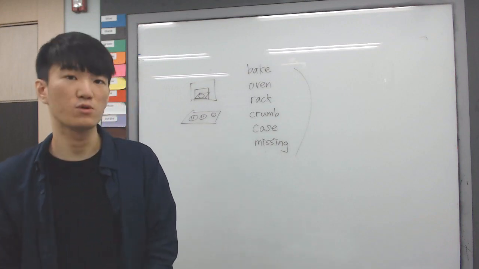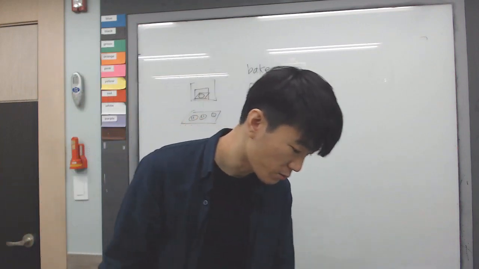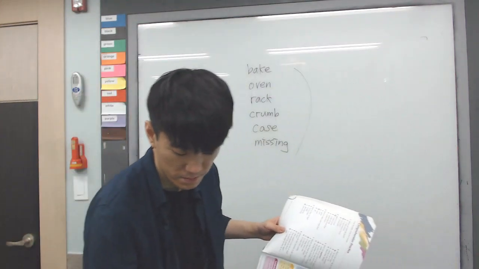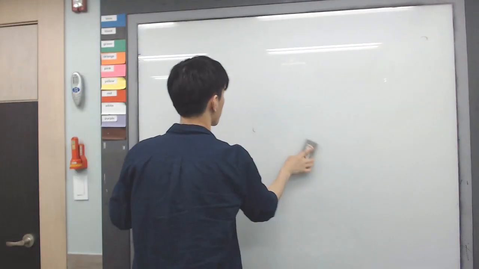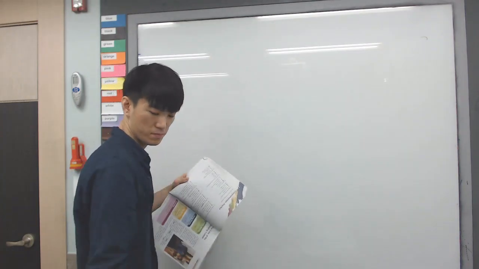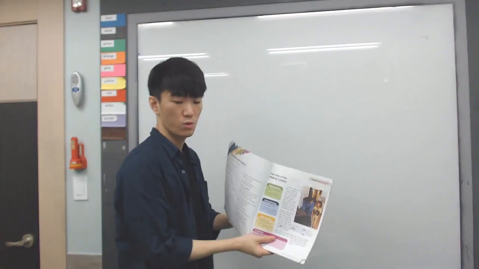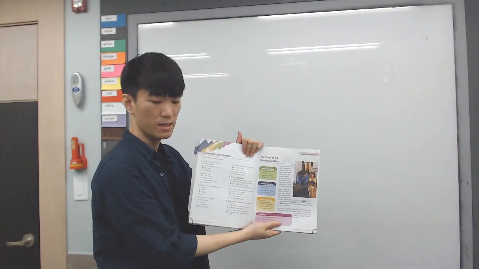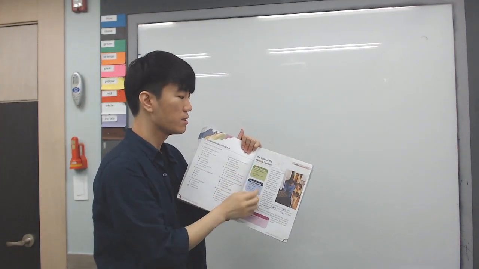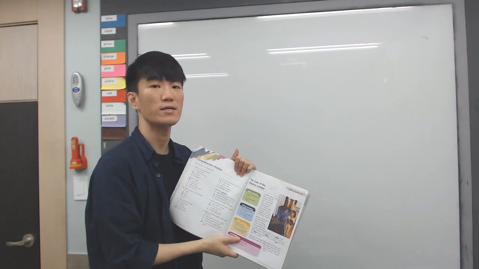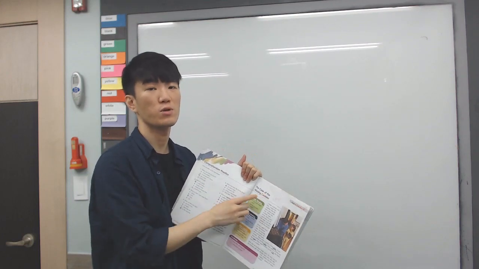So let's move on to our student book, page 41. So this page, our title of this story is The Case of the Missing Cookies. So missing cookies, what did I say?